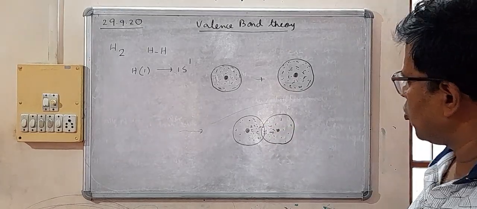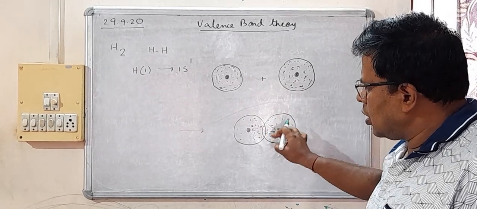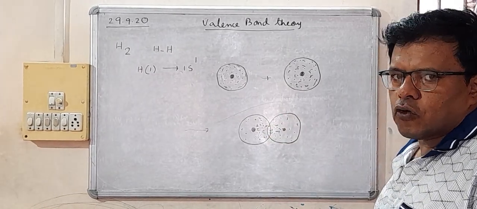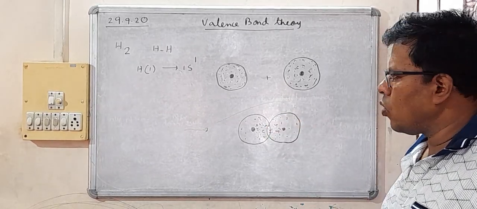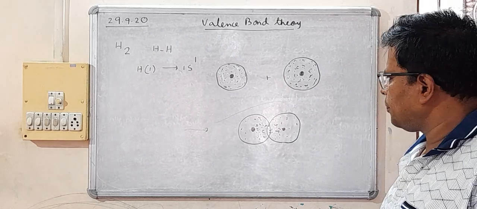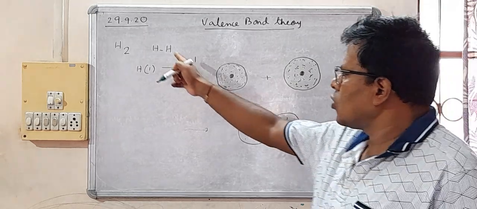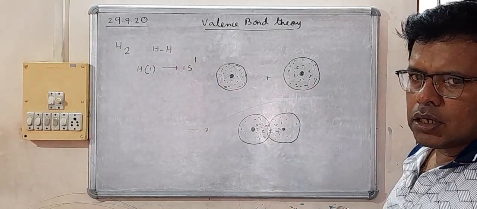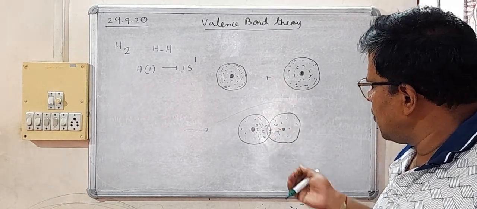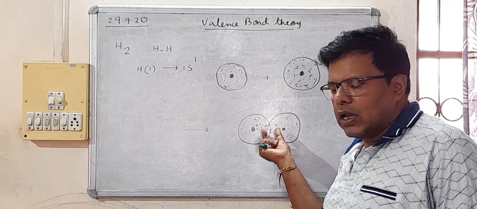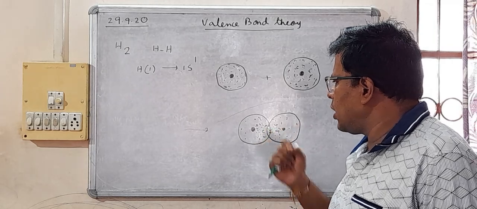In between the nucleus, the probability of finding electron is much more, and there will be now more force of attraction, and covalent bond is said to be formed. So, according to valence bond theory, a covalent bond is formed by overlap of half-filled atomic orbitals of the participating atoms.